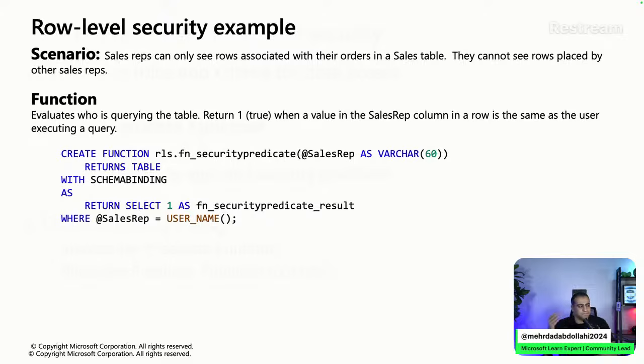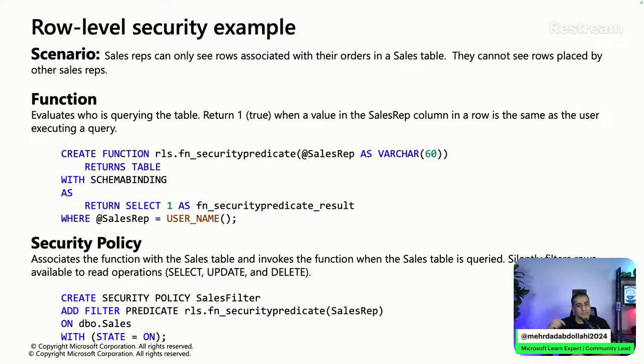And for example, in a schema of RLS for the roles, we have this function of security predicate that its input is sales representative, and it's going to return the table, and it just checks if the sales representative equals to the username, which has logged in for retrieving the data.